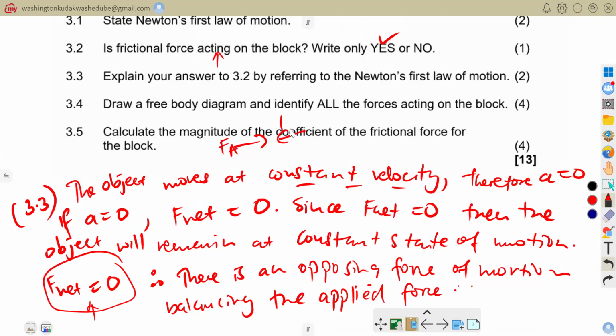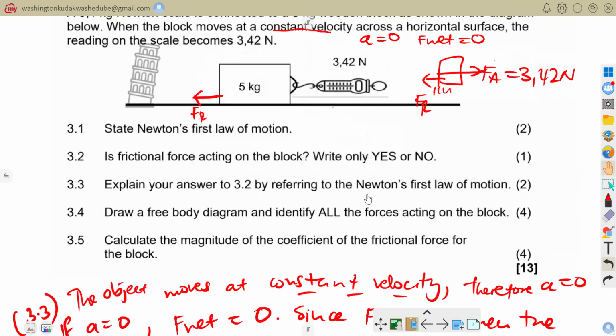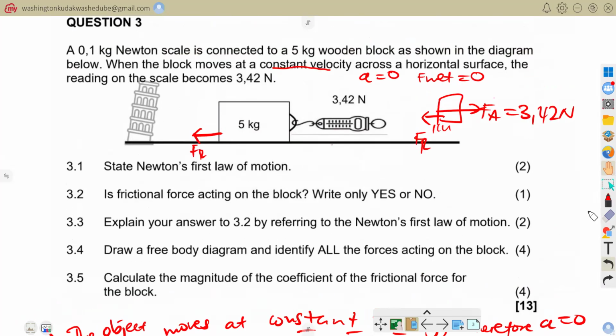That opposing force of motion is the frictional force. There is an opposing force of motion balancing the applied force, because the net force is equal to zero.